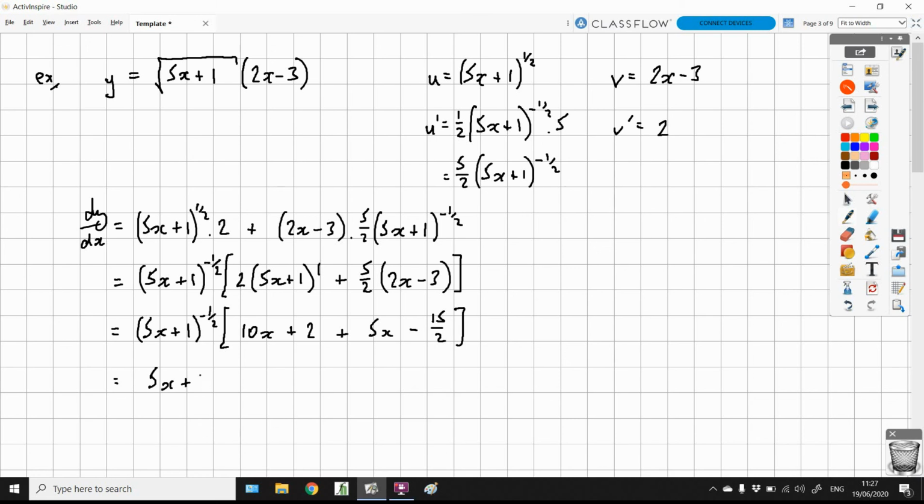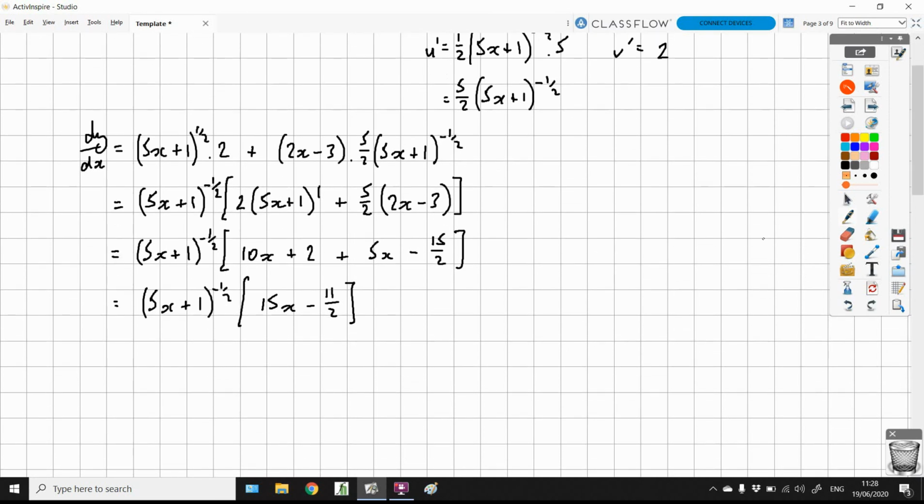5x plus 1 to the negative half. Now what can we do with this? Well, 15x. If we're going to combine these two terms here, we need a common denominator. So I'm going to treat that as 4 halves. 4 halves take 15 halves makes negative 11 halves. Now that's not so nice having that fraction inside there. So what we're actually going to do is we're going to remove another common factor.